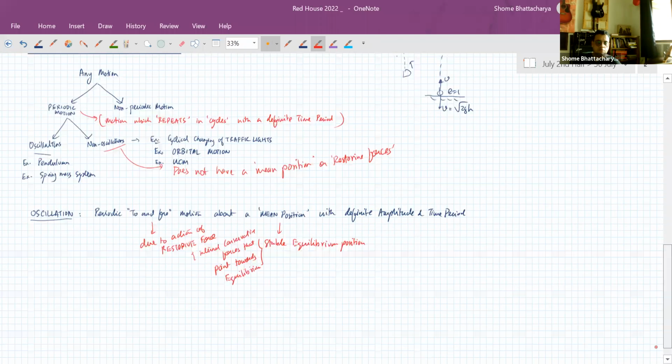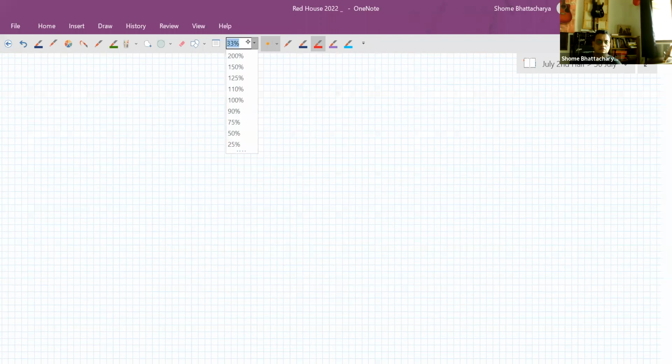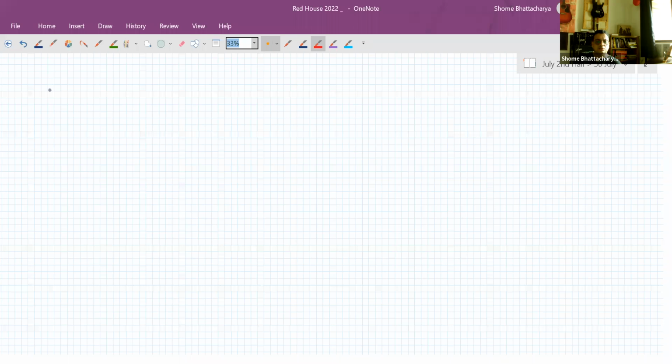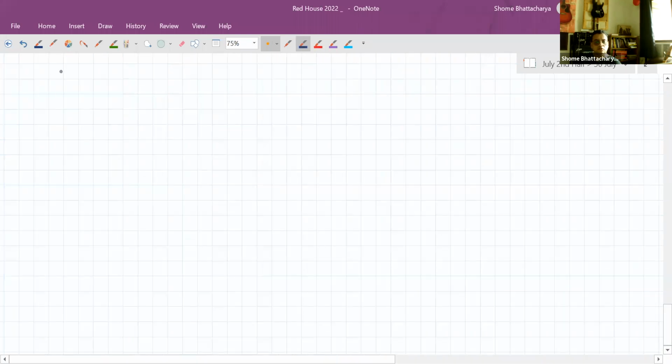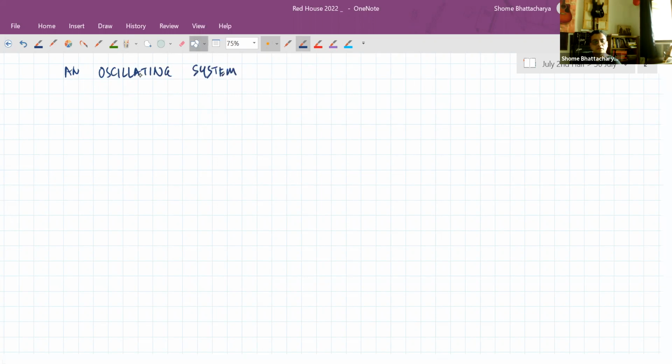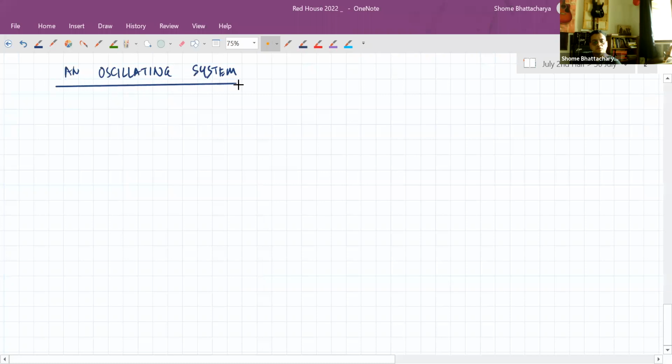Okay, so next thing, any system which is capable of oscillating will always have a potential energy graph which shows a point of local minimum.